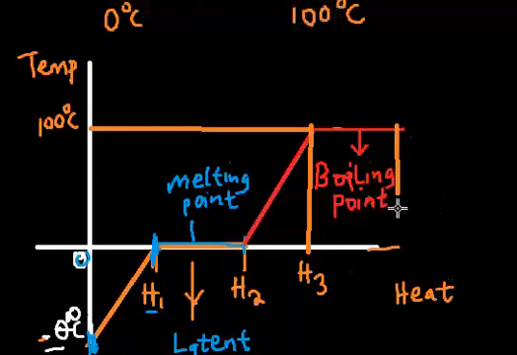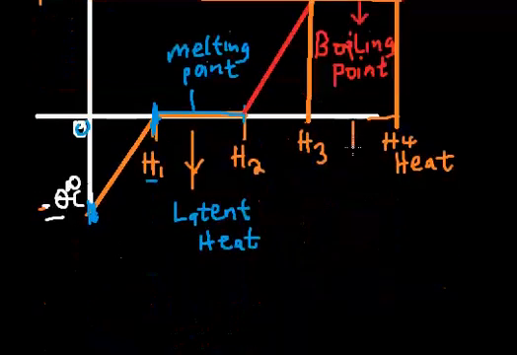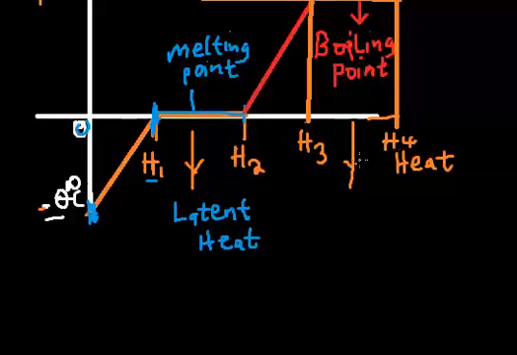Now the temperature keeps on increasing. The heat increases from H3 to probably H4, while the temperature still remains steady throughout that period. And we also know that such heat is also known as latent heat.